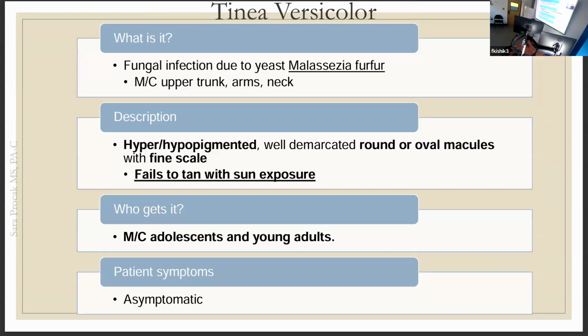What I mean by fine scaling is that when you see it clinically, you just lightly run your finger over the lesion, and it's going to bring out all of this tiny flaking. That's the fine scaling that you're going to appreciate. Otherwise, if you just look at the skin, it doesn't look very scaly, okay? It's asymptomatic. Common areas are the upper trunk and arms, as well as the back of the neck.